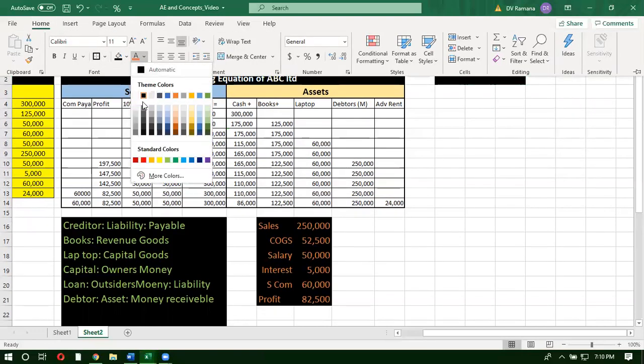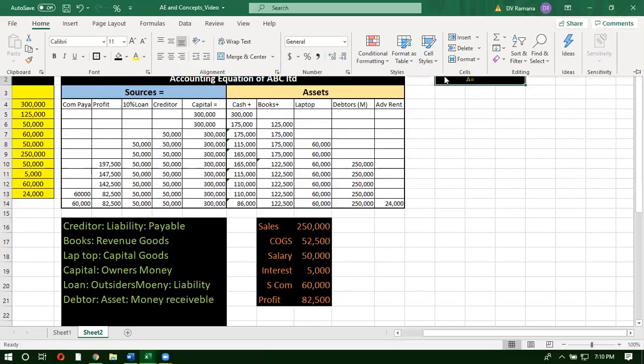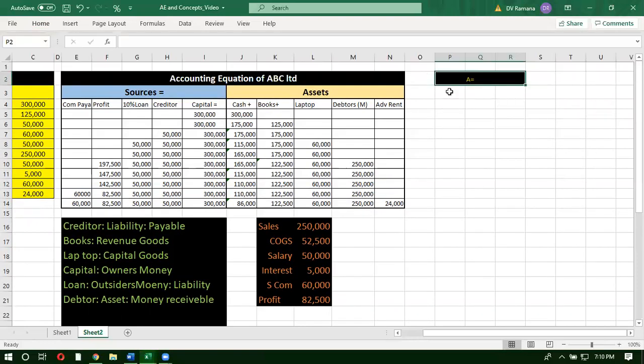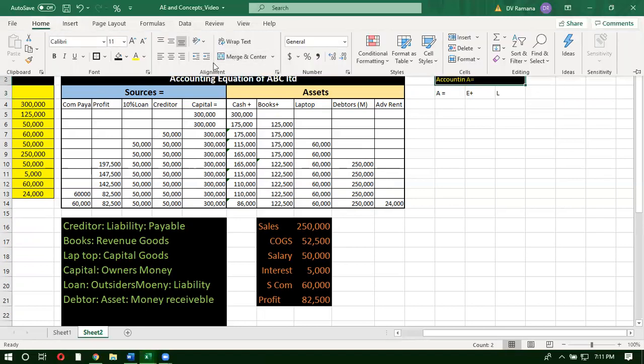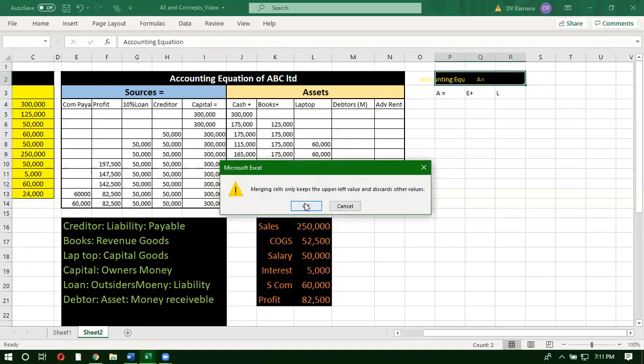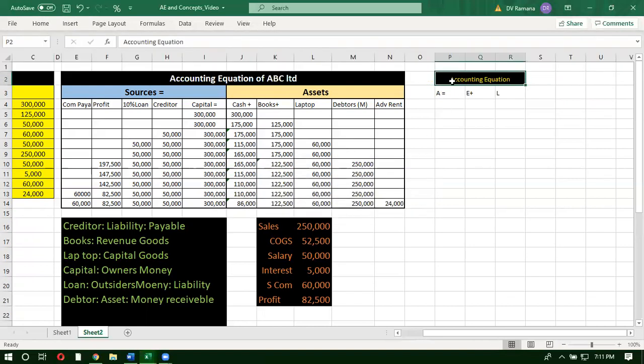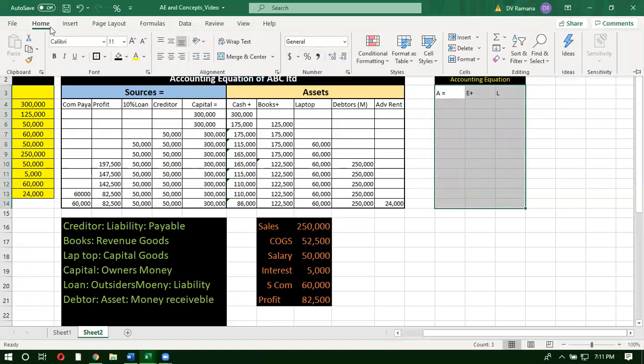A is equal to E plus L, right? So let us call this the accounting equation. There is a summary accounting equation and a detailed accounting equation. The summary accounting equation will be A is equal to E plus L, right?